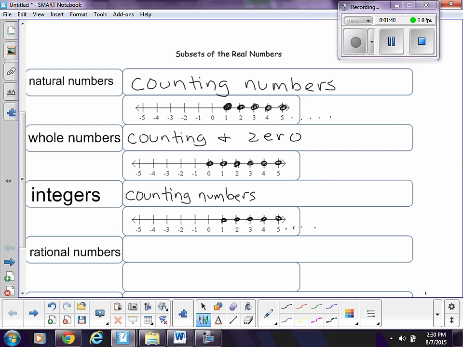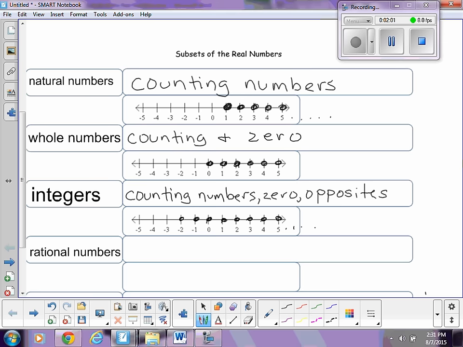We're also going to include 0, just like the whole numbers. And this time we're going to include all of the opposites of the natural numbers, which means we're going to include the opposite of 1, which is negative 1, the opposite of 2, which is negative 2, and so on.